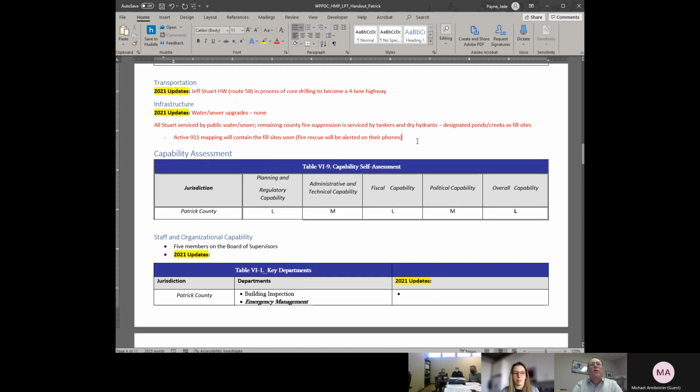Will that mapping of the fill sites actually be in a GIS format? That's something that me and Jerry's going to talk about to get added to the GIS. That would be great. I know Surrey County has it in theirs, and their dispatch center looks at the GIS and gives the fire departments their closest fill point when there is a structure fire.